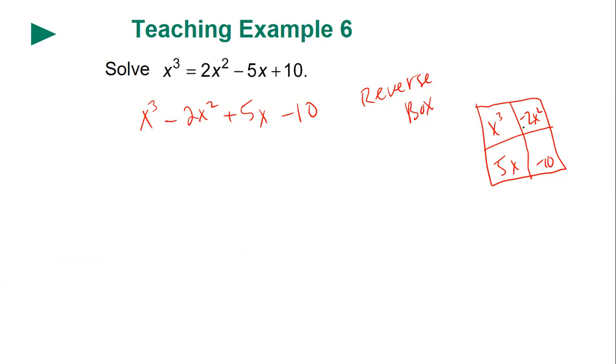First row? x squared. Second row? First column? Last column. Perfect. So this breaks down to be x minus 2 times x squared plus 5. How do we feel about reverse box?